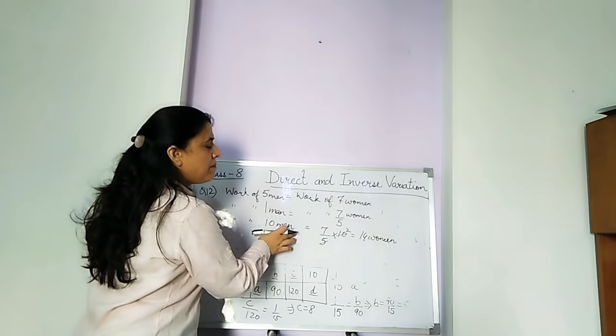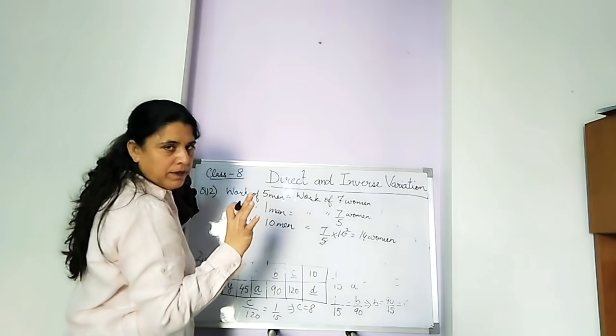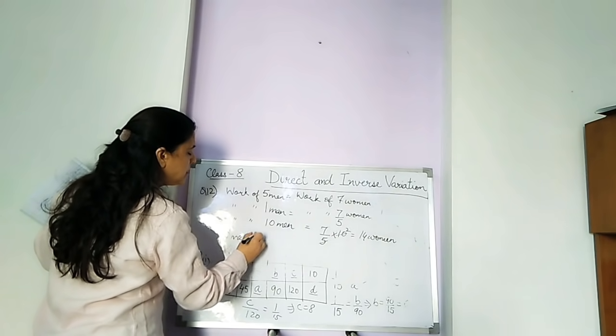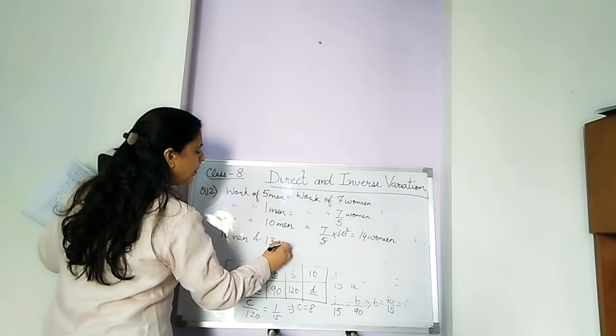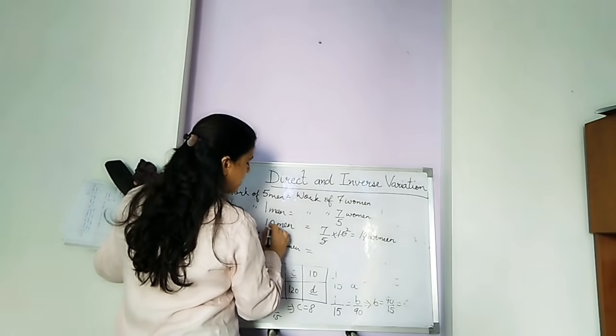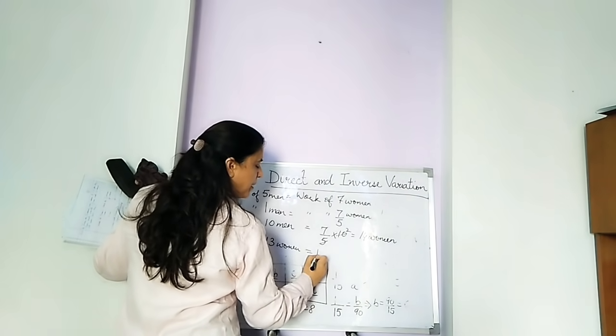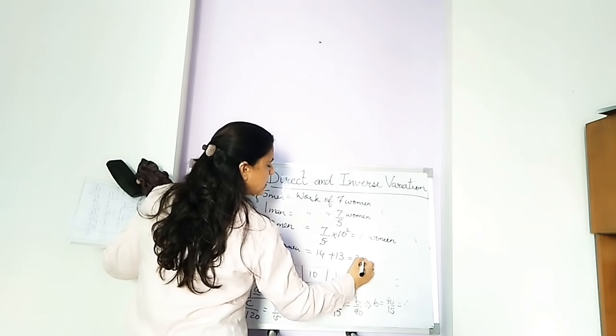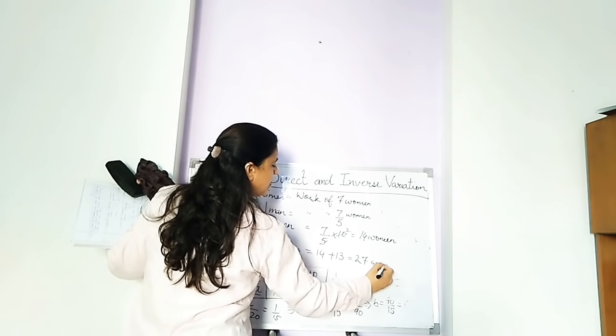So 10 men is equal to 14 women. And 10 men and 13 women is equal to 14 women plus 13 women, that is equal to 27 women.